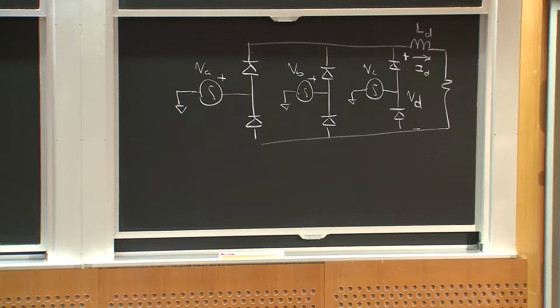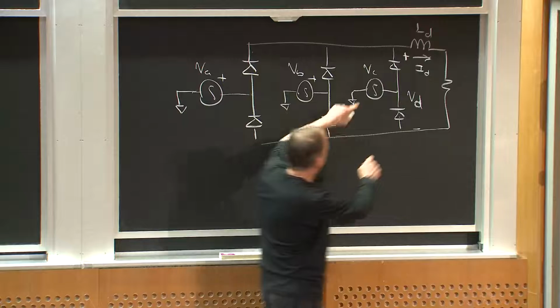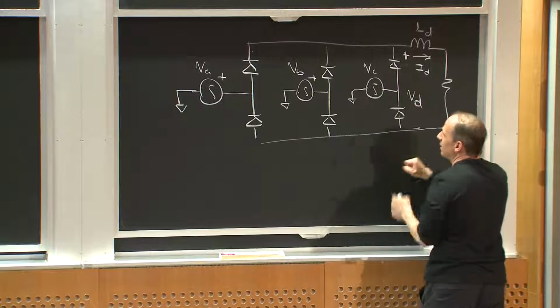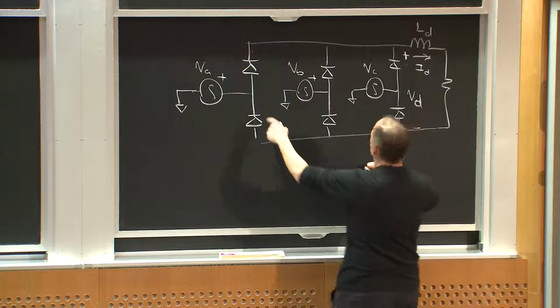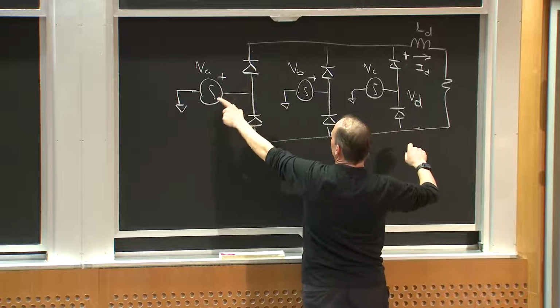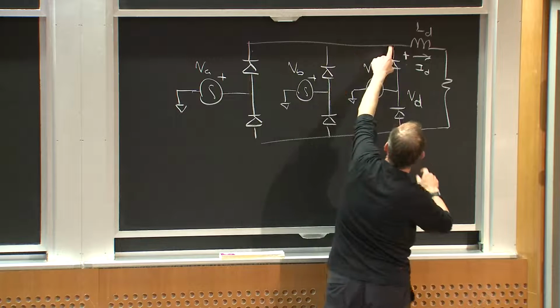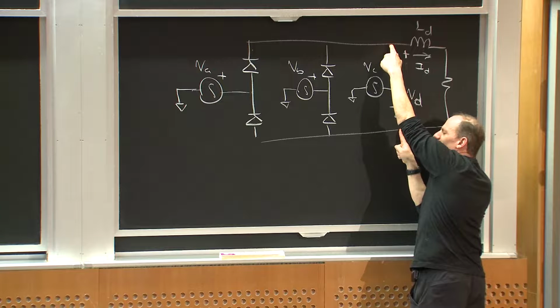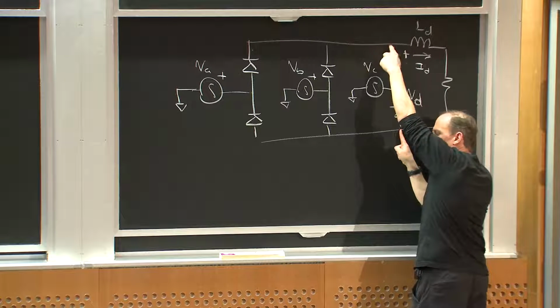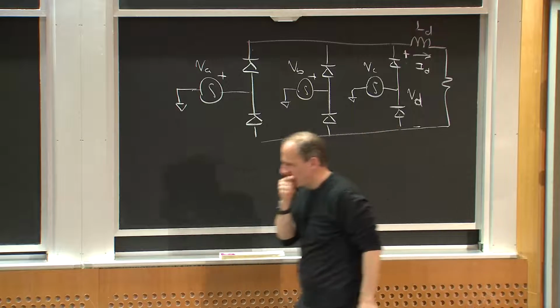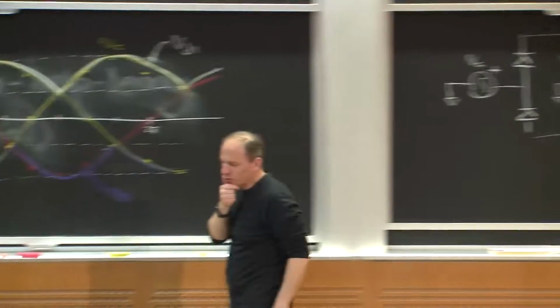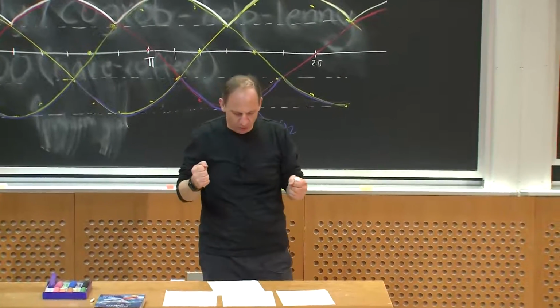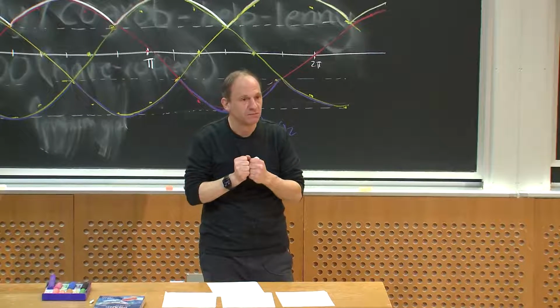But what we can kind of see is this voltage VD is going to be whichever is the maximum of VA, VB, VC goes here, and the minimum of VA, VB, and VC is here. So I'm really driving this thing with the line-to-line voltages.